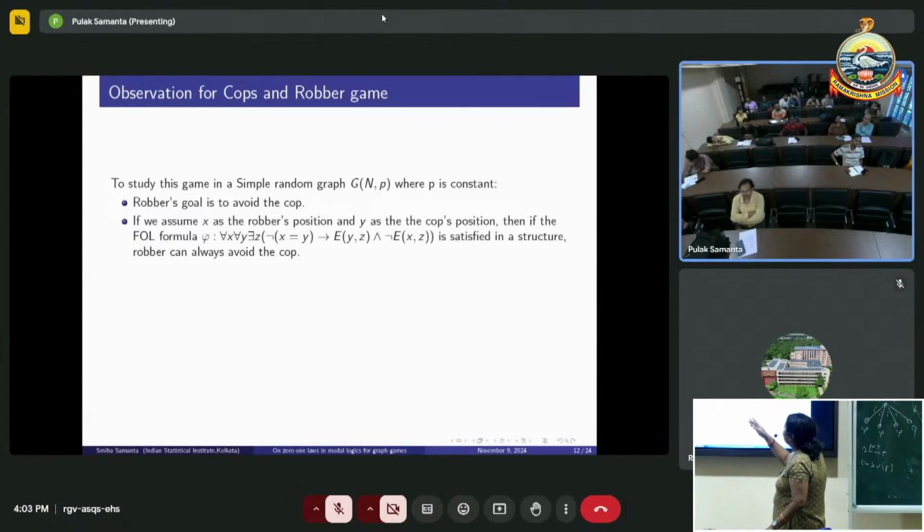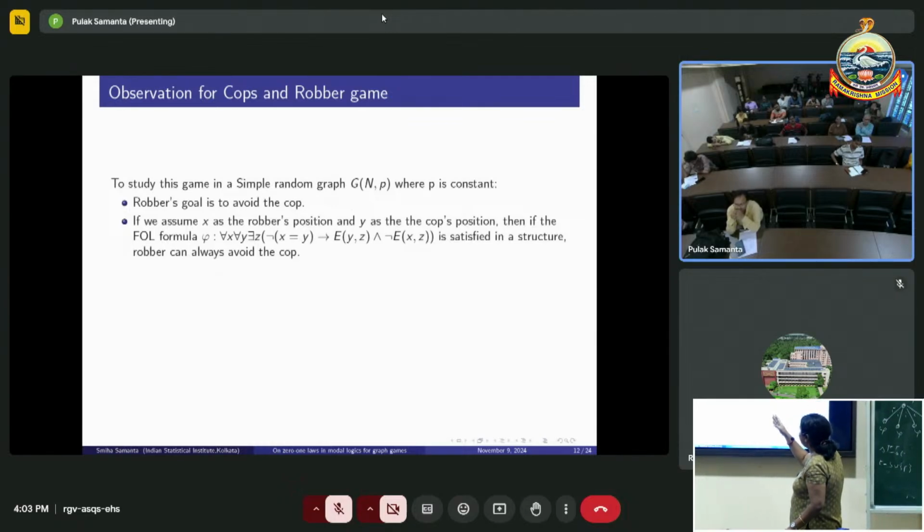The robber can move to the vertex z, but the cop cannot move to the vertex z in the next turn. So the robber can avoid the cop.